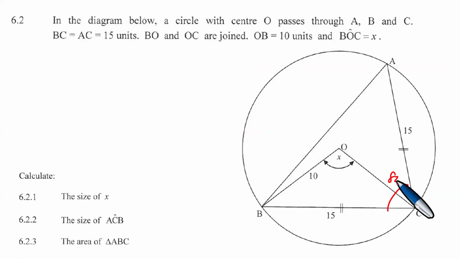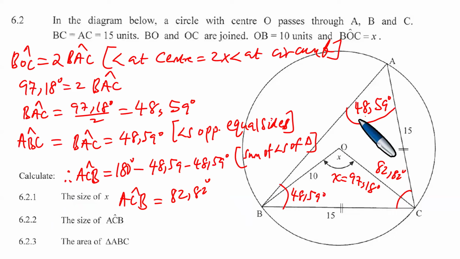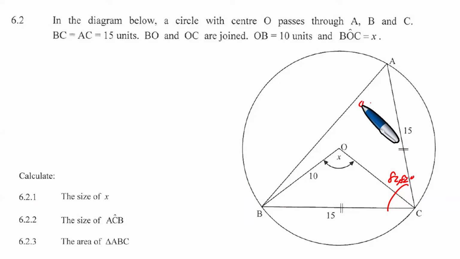This one is 82.82 degrees, and this one you already know is 48.59, and we label that. This is 48.59 degrees, and this is also 48.59 degrees, and we want to find the area of the triangle.